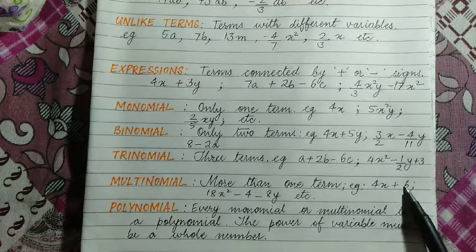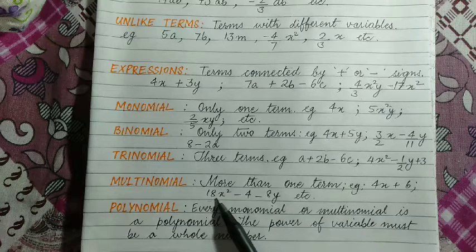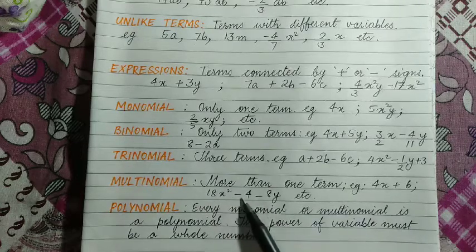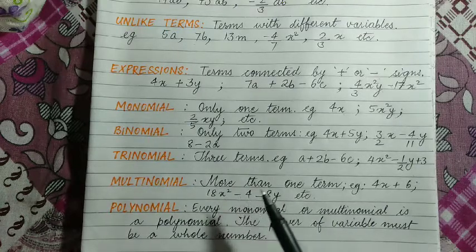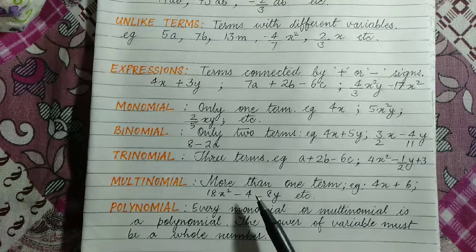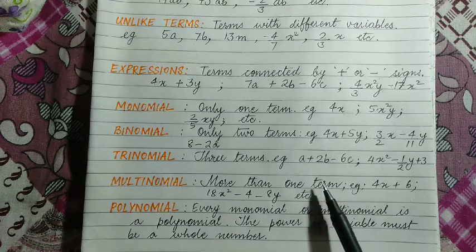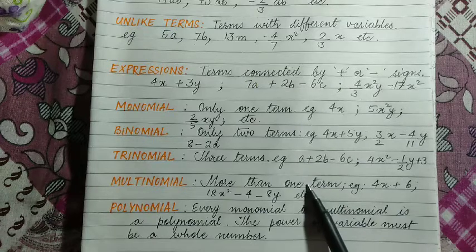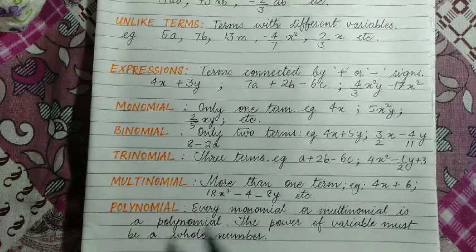So 4x plus 6, since it's a binomial, is also a multinomial. The expression 18x square minus 4 minus 8y is a multinomial because it's a trinomial. Any expression which is not a single term but has more than one term represents a multinomial.